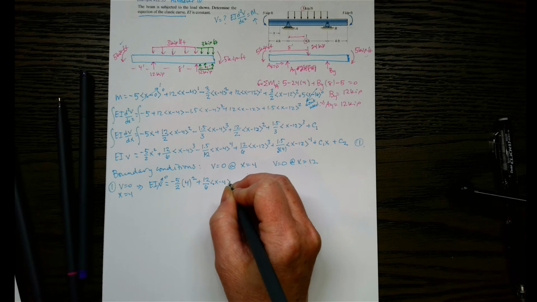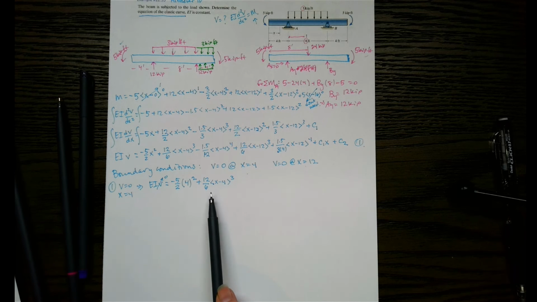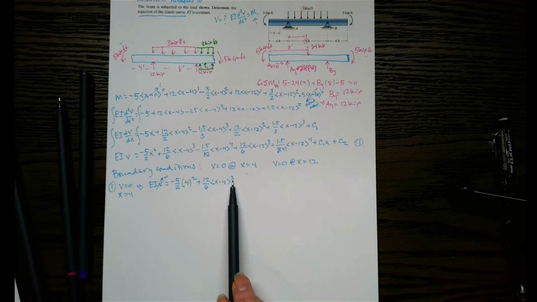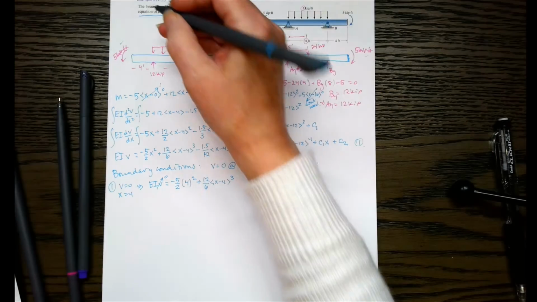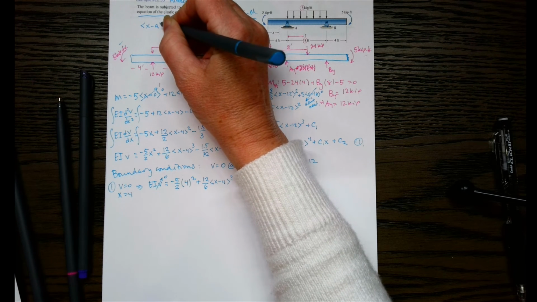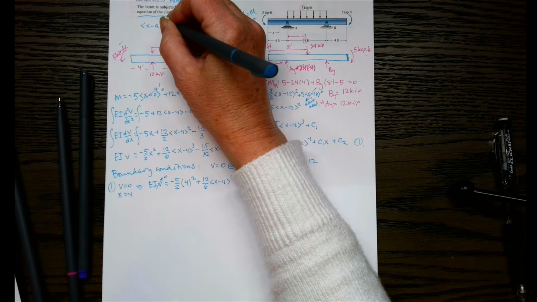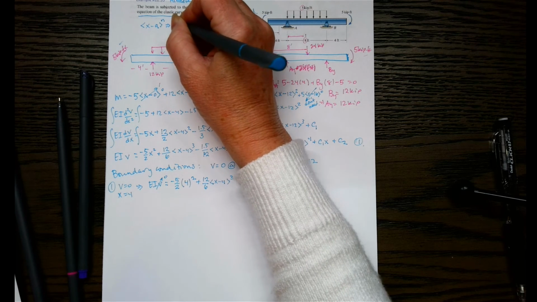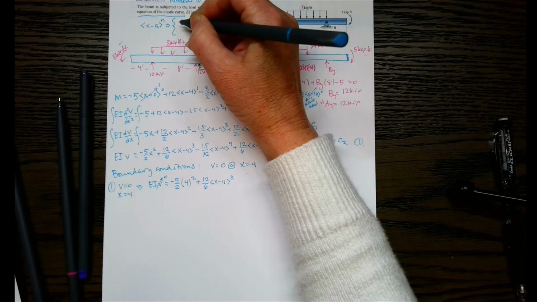So let's look at this one. Okay, so we've got 12 over 6 times the X minus 4 over 3. Now, for the Macaulay functions, you've got to remember there is a set of conditions that we follow, and it tells us what to make this.